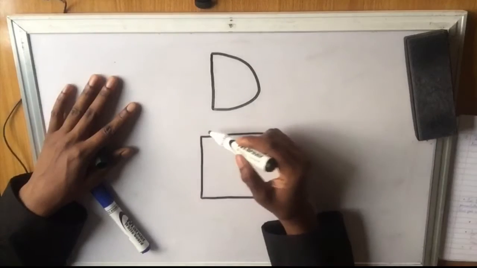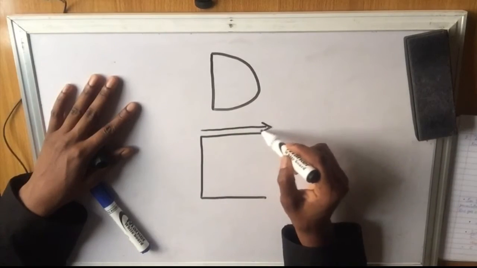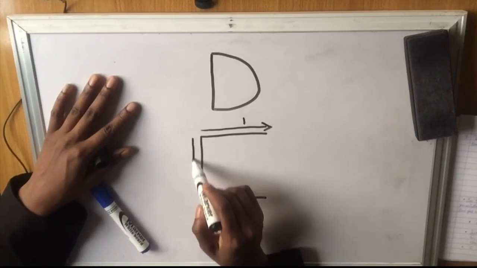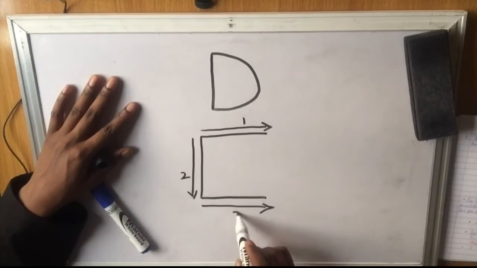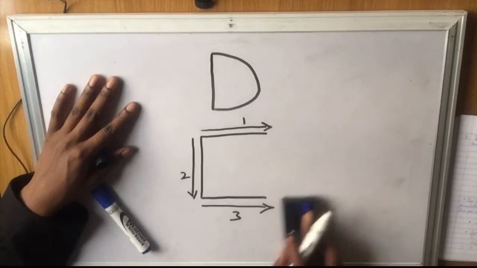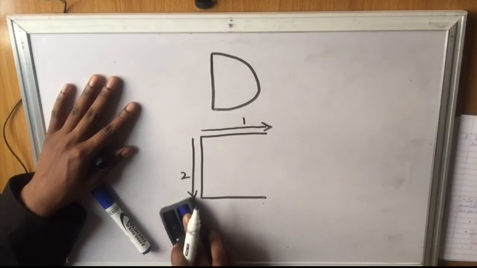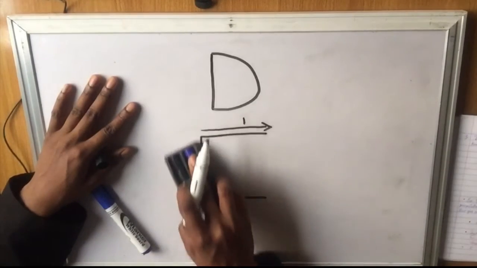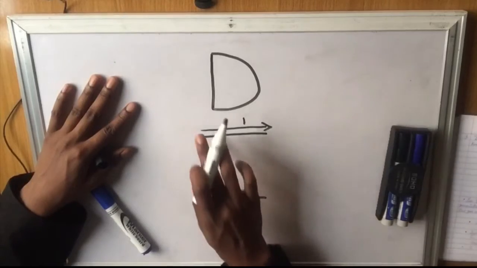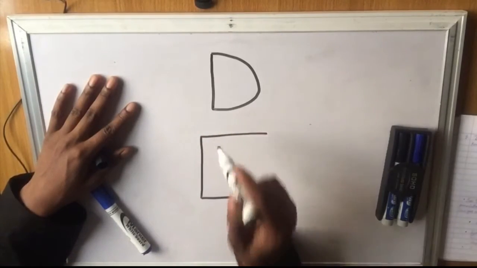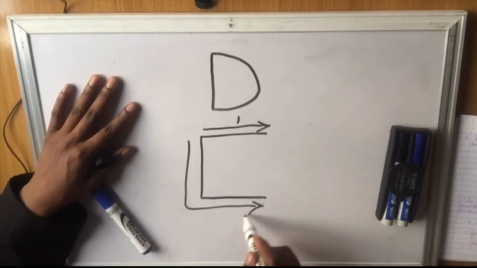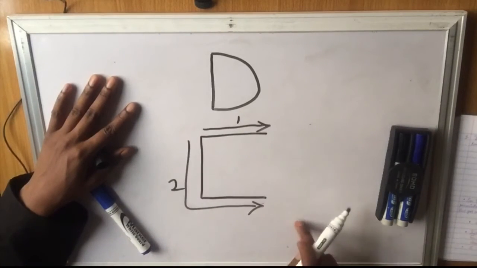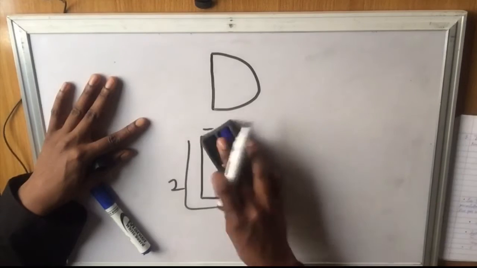The reason why I'm saying that is you go 1, then you go 2, then you go 3. If you want, you can just join 2 and 3 together. So it becomes 1, 2, as you guys can see.